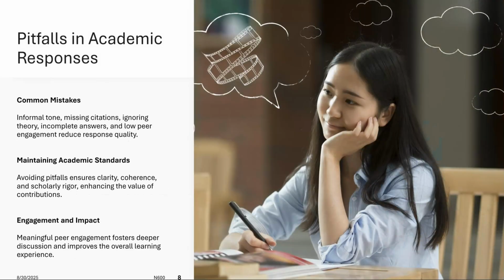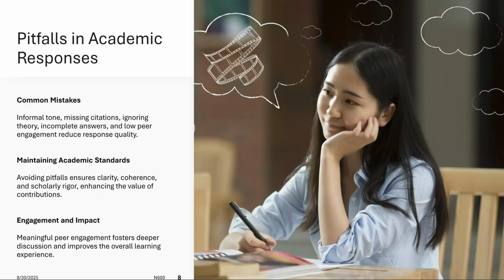There are some things that you need to be aware of, some common mistakes students make. So let's talk about a few of those pitfalls. The first one is writing too informally or without citations.